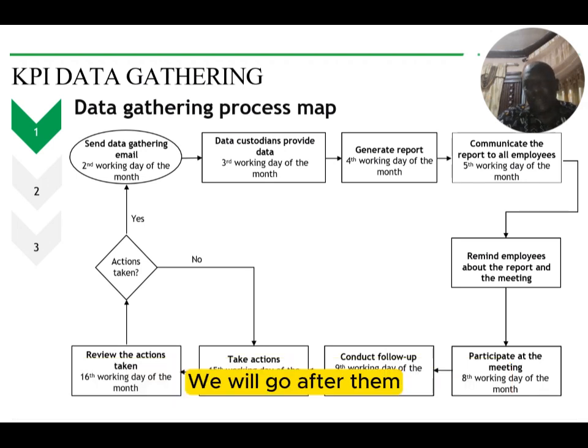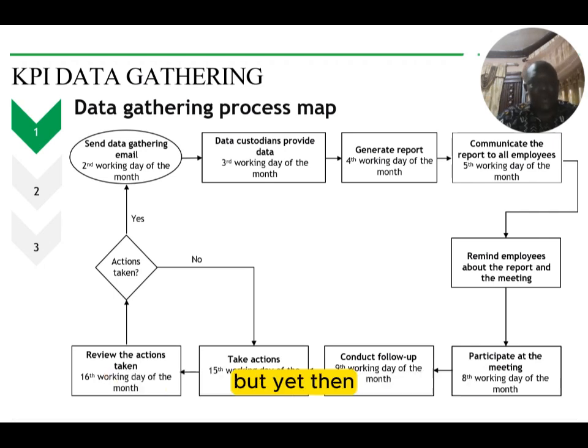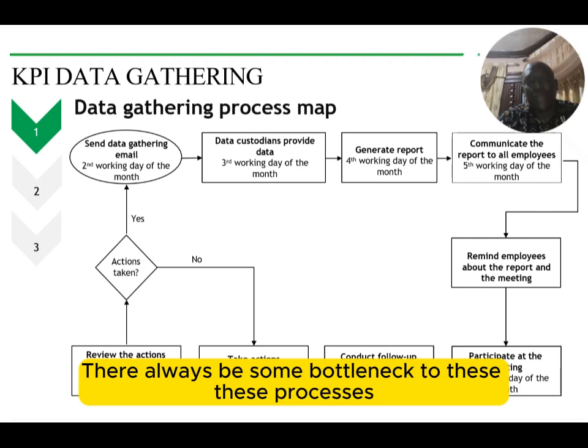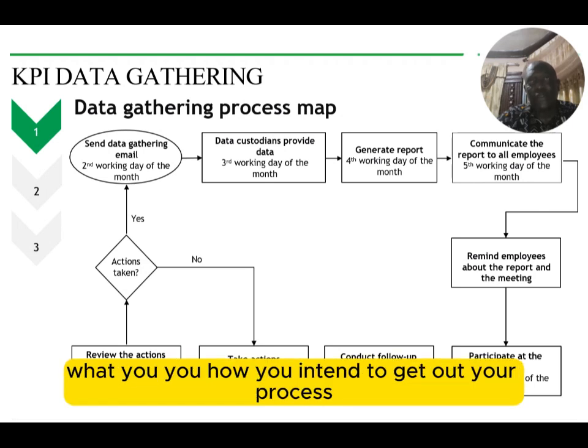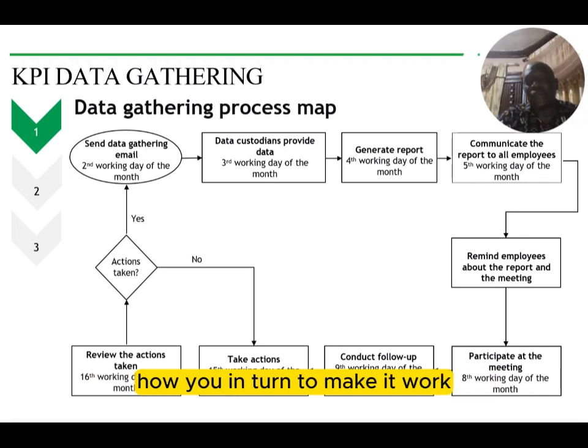We will go after them, we will run behind them, we will sit with them, we will send several reminders. So you have to understand the theory, but still you need to have a guideline. There'll always be some bottleneck to these processes, but it's good to have a clear guideline of how you intend to achieve your process, how you intend to make it work, how you intend to make it successful.